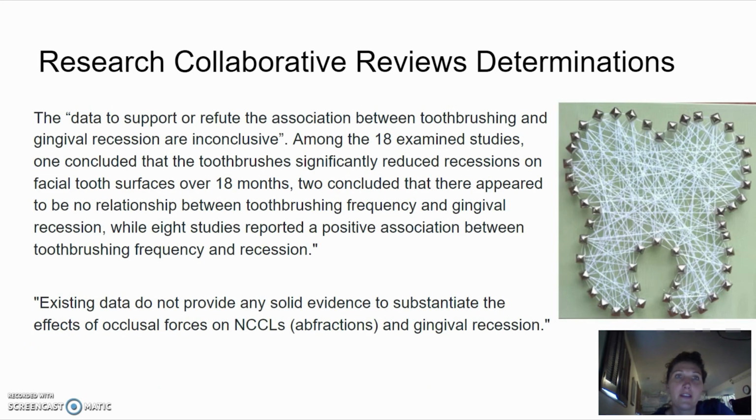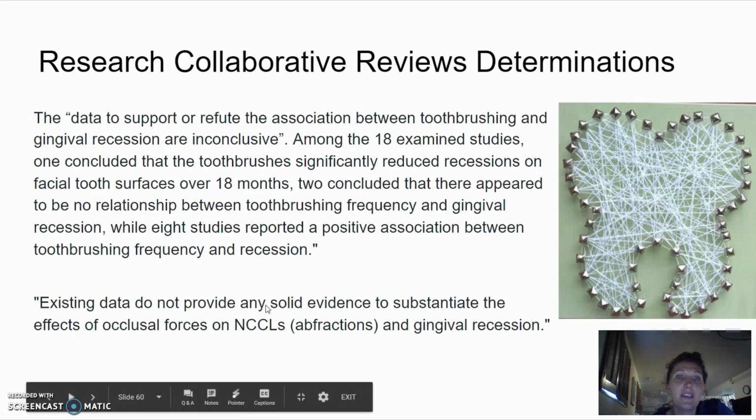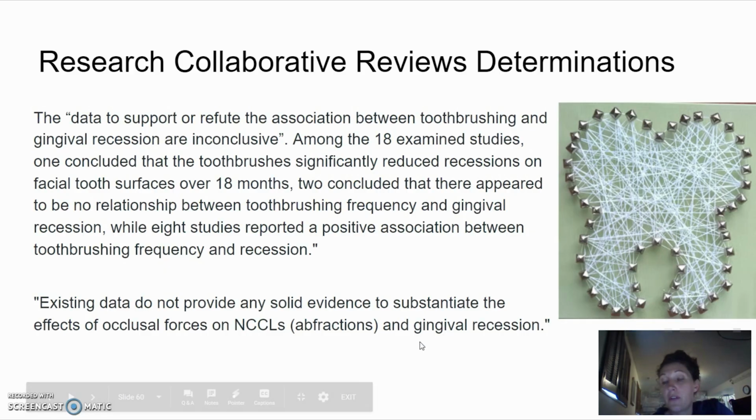There's usually other reasons. Okay, also, there's no existing data to provide solid evidence to substantiate the effect of occlusal forces on abfractions or gingival recession. So more research needs to be done on the actual cause of recession and abfractions.